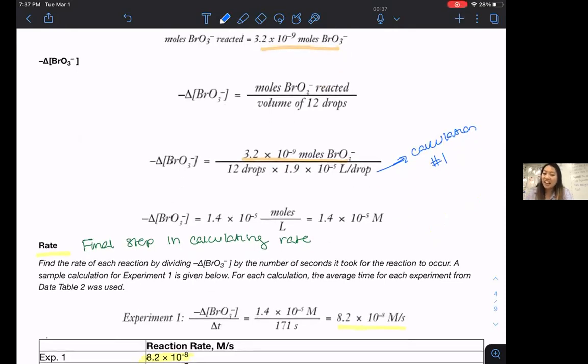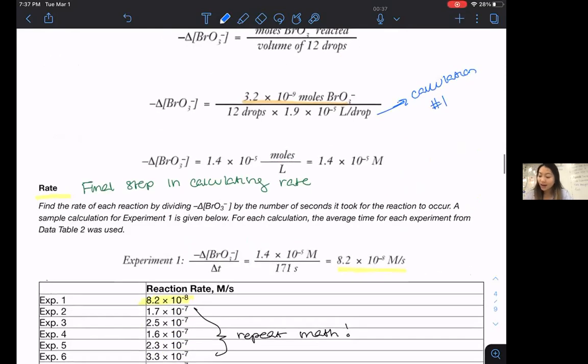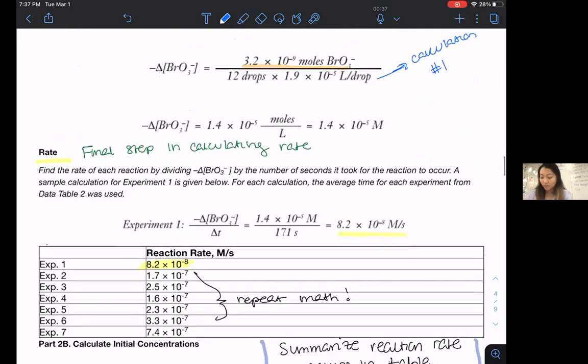But in order to find the rate, you need to do the change of bromate over time. That just got you molarity change. So then your actual final step in the sample calculation is here. For experiment group 1, you have a change using the time that you measured, the molarity that you just calculated, and then you divide the 2 and you get this value of 8.2 for my sample data.